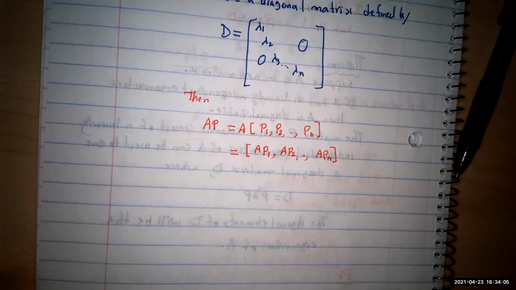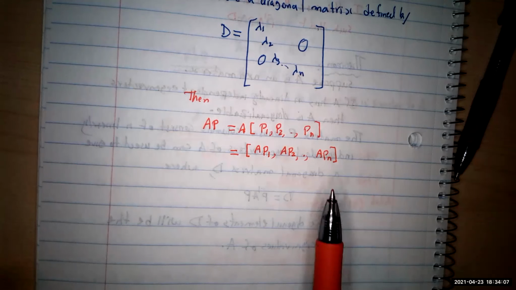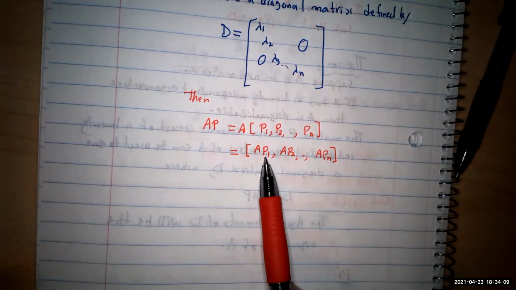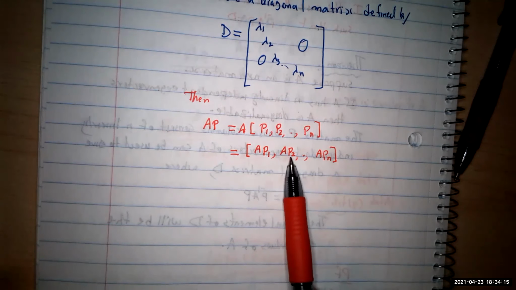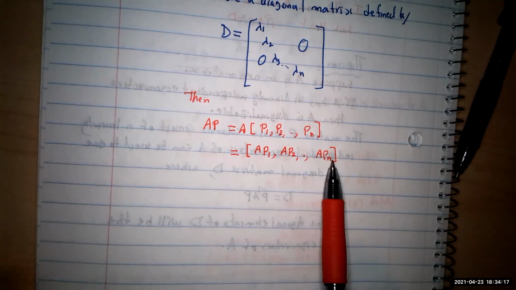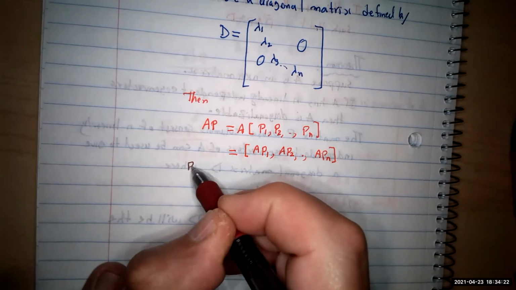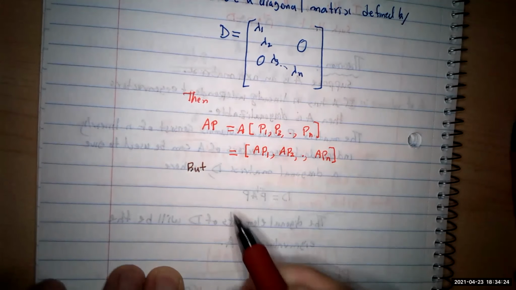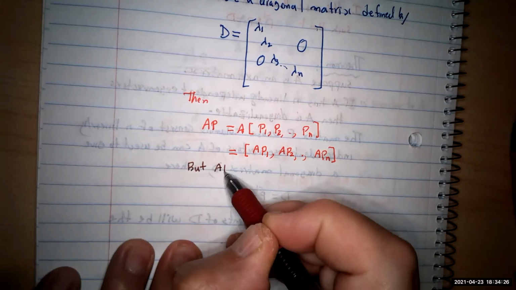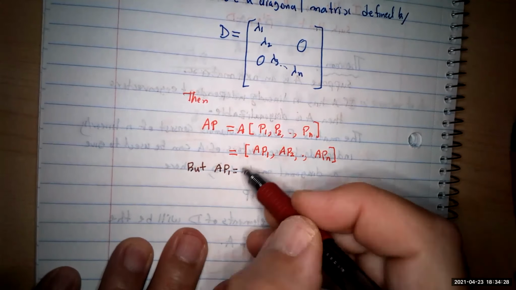Now, what else? Remember, these are eigenvectors with eigenvalues lambda 1, lambda 2, up to lambda n. According to the definition, A P1 is what?